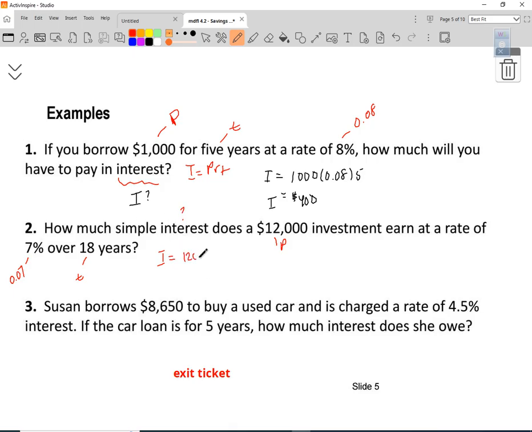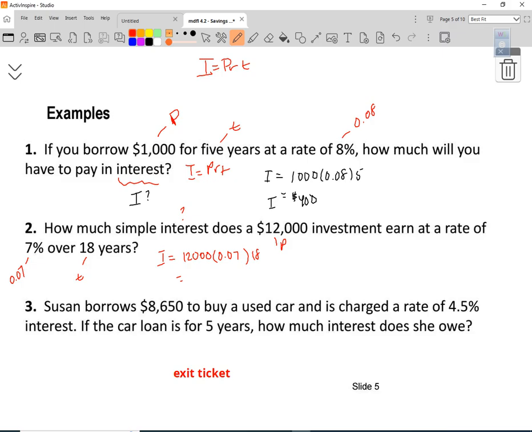Our principal is 12,000 times our rate, so we're always using this formula. Principal times our rate is 0.07 times the time of 18 years. So the interest is going to be, I don't know.